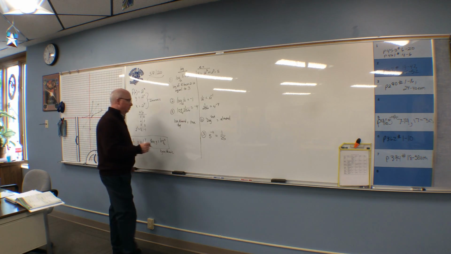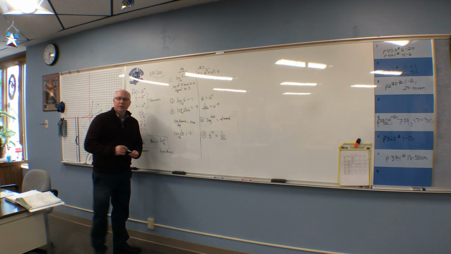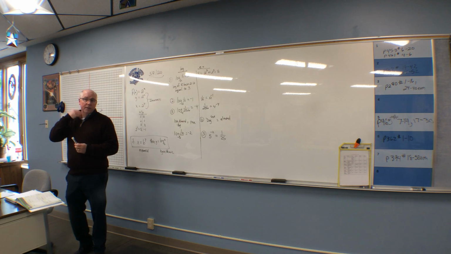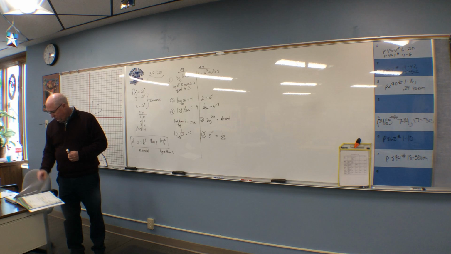Maya? So it'd be log of 1 over 25 base 5 equals -2. Did everybody see that? Okay, so the front page is just going from one form to the other. Okay? Alright.